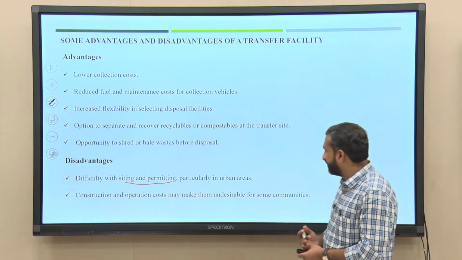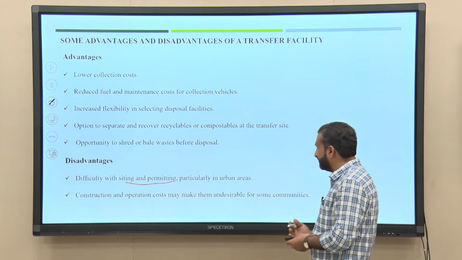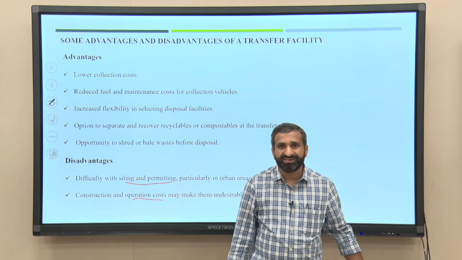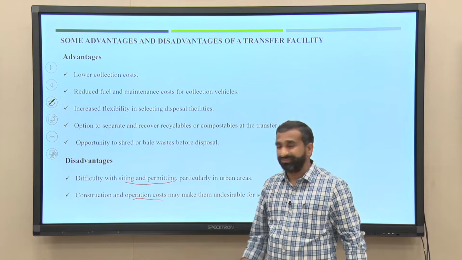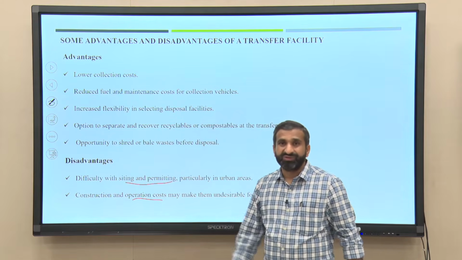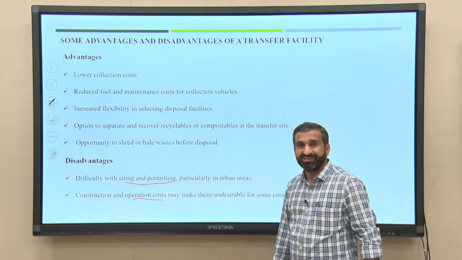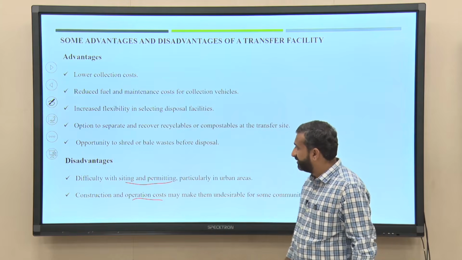Construction and operation cost may make it undesirable for some communities. Because it is close to a residential area, the local people will not allow a transfer station near their locations, and finding that kind of location is somewhat difficult.